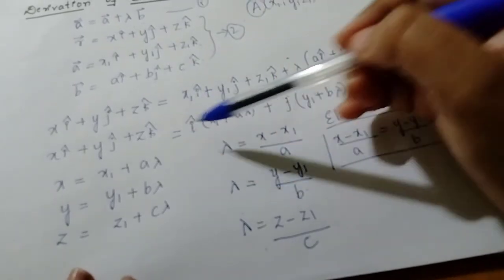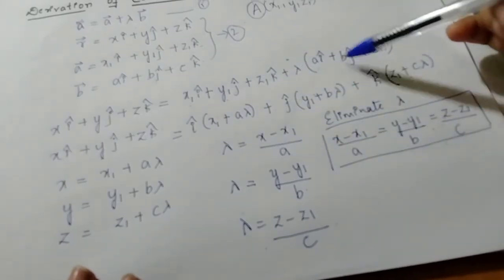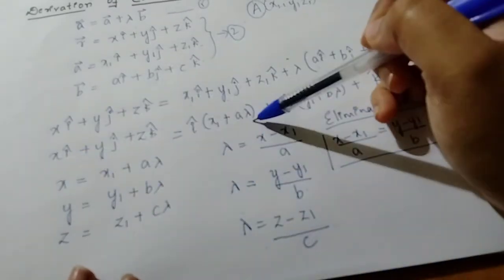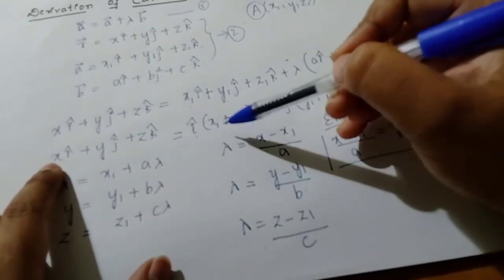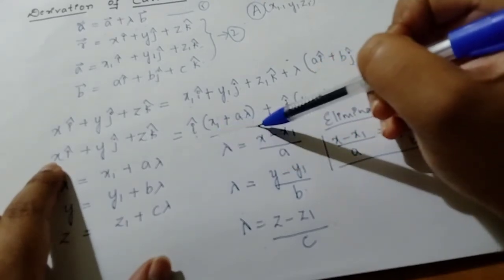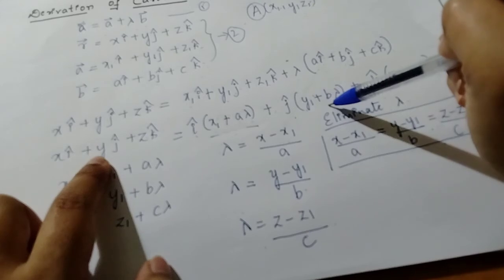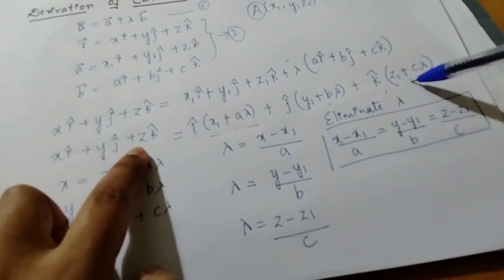After substituting, taking i coefficients on one side, j coefficients, then k coefficients, then equating both. Here both are i coefficients, so x is equal to x1 plus a lambda. Here both j, so y is equal to y1 plus b lambda. Here both are k, so z is equal to z1 plus c lambda.